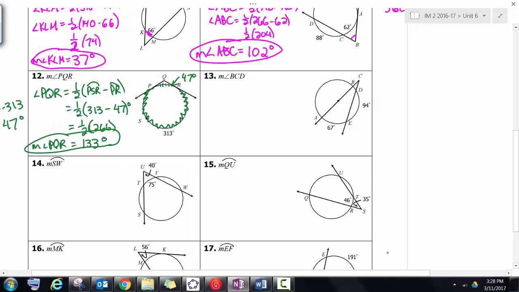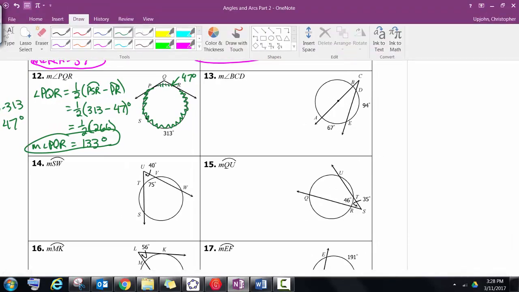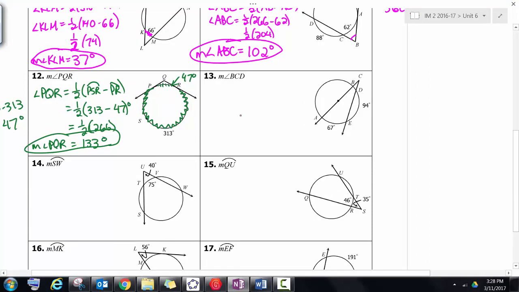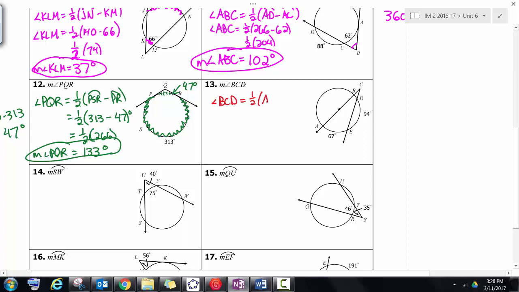So those are the basics. We'll go through some of these problems a little bit quicker now, but I want us to write out the statement. Angle BCD is equal to 1/2 of arc AE minus arc BD. Again, we don't have BD, but we know 94 and 67, and we know that this is a diameter, so it's going to make up a semicircle.